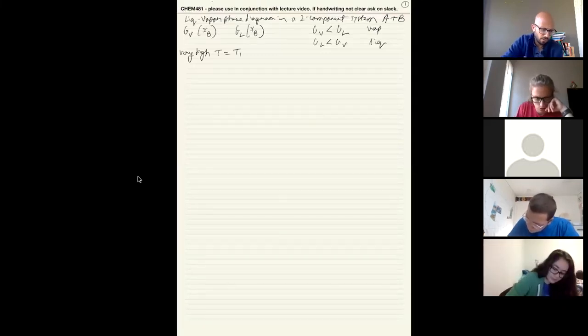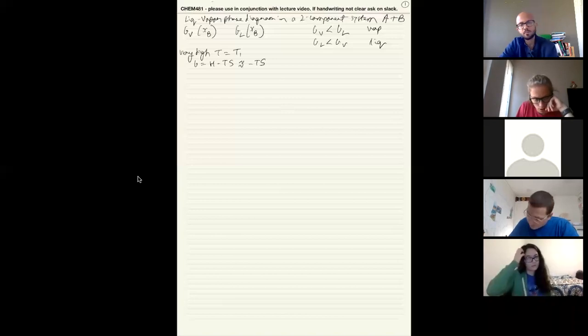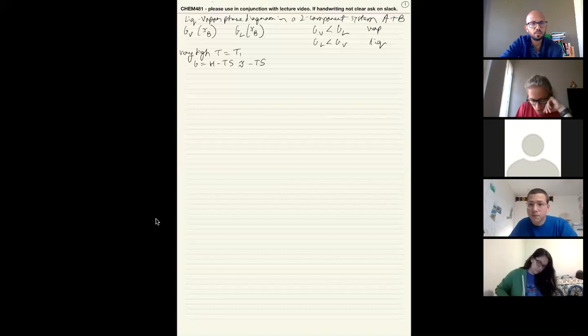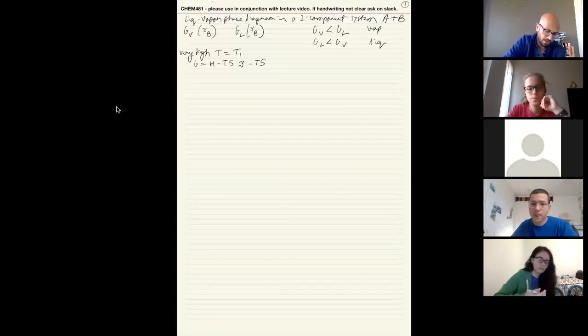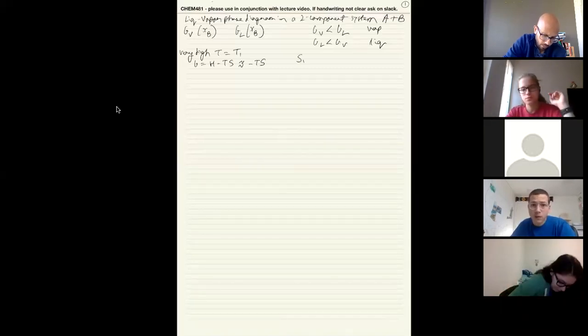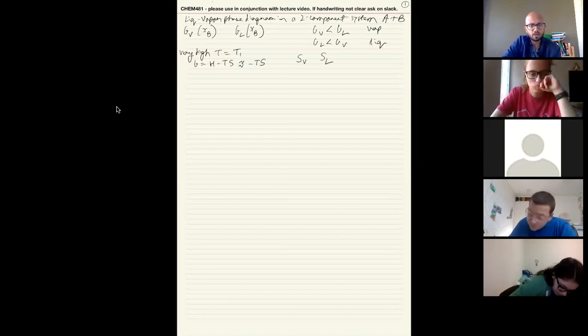At an extremely high temperature, G is equal to H minus TS, which will be predominantly given by minus TS, right? Because temperature is so high that entropy dominates. The enthalpy becomes relatively insignificant. Furthermore, what can we say about the entropy of vapor with respect to the entropy of liquid? We expect that the entropy of vapor will be much more than the entropy of liquid.